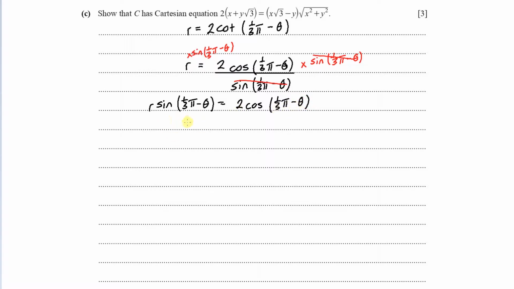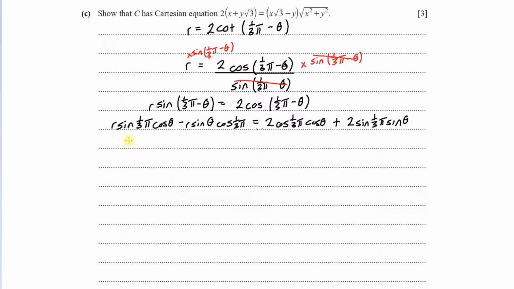Alright, now I'm going to use the addition formula for these. Starting on the left side, it means we'll be having r sine of a third pi cos theta minus r sine theta cos a third pi. And that should be equal to 2 cos of a third pi cos theta, and that's supposed to be plus 2 sine of a third pi sine theta.